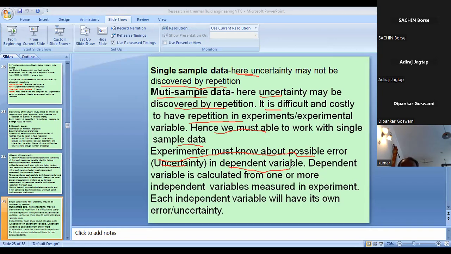I will explain that. First, we have to find the uncertainty in the independent parameter. From that, you can calculate the uncertainty in the dependent parameter. So each independent parameter will have its own error or uncertainty.